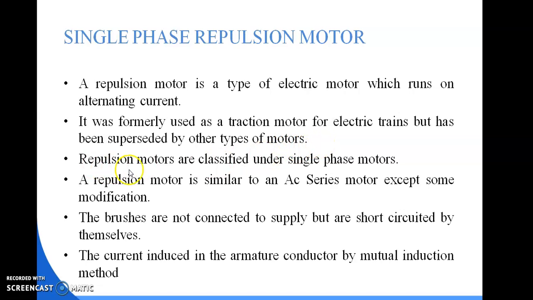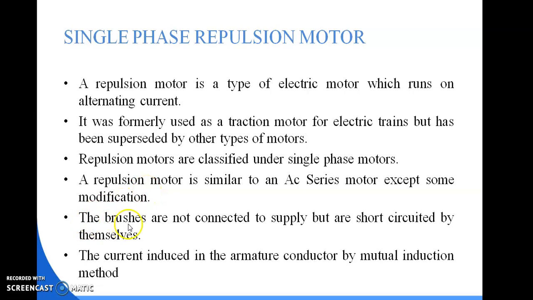Repulsion motors are classified under single-phase motors. We can also say that a repulsion motor is similar to an AC series motor except for some modifications.